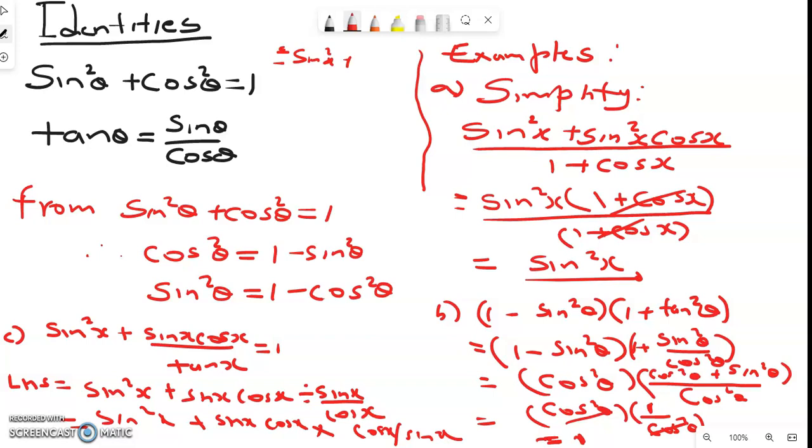Therefore, from here, sine x will divide sine x. So this is sine square x plus cos x times cos x. Cos x times cos x will give us cos squared x, which is equal to 1.